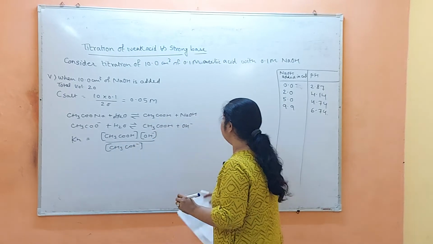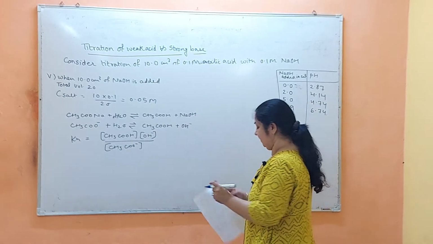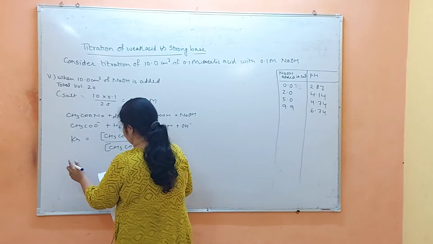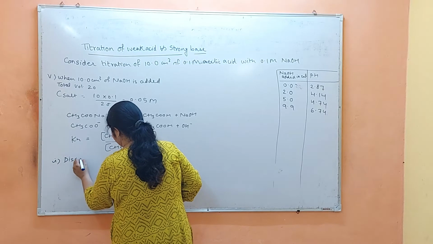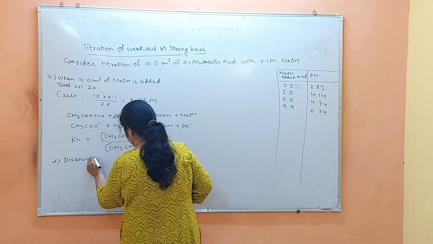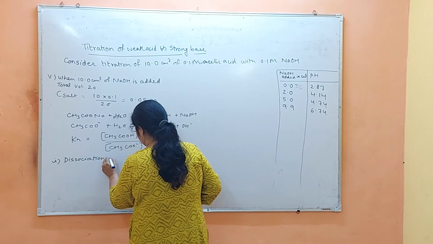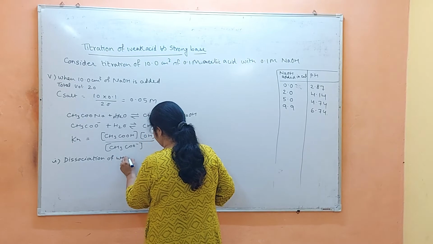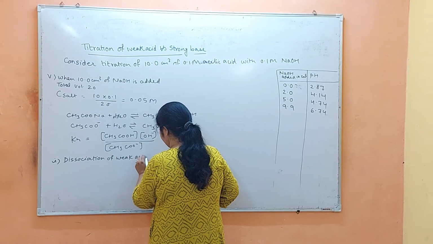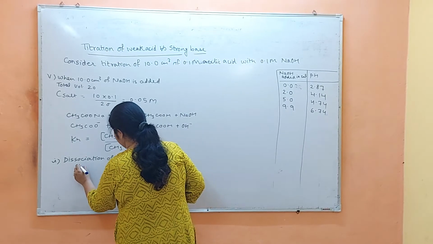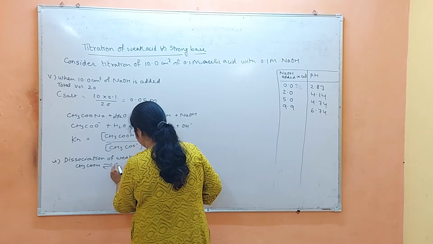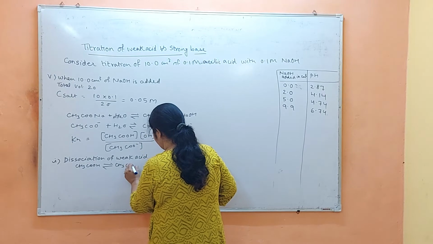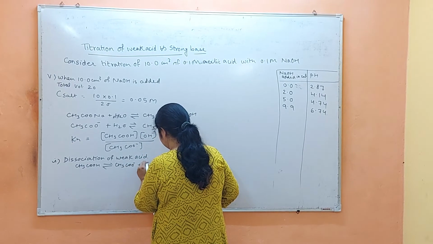Now here there exist two equilibria. The first one is the dissociation of weak acid, that is CH3COOH will give you CH3COO minus plus H plus.